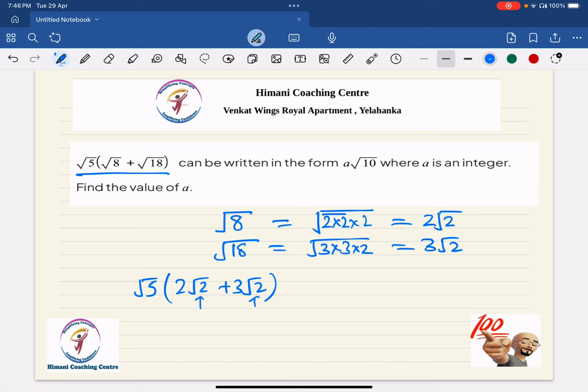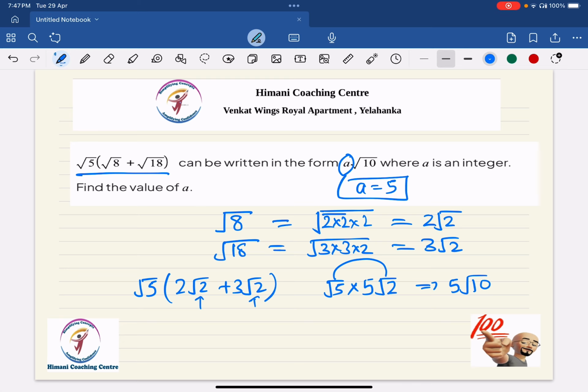So 2 plus 3 becomes 5, and we have root 5 times 5 root 2. Now root 5 times root 2 will be root 10, so we get 5 root 10. That means a is equal to 5.